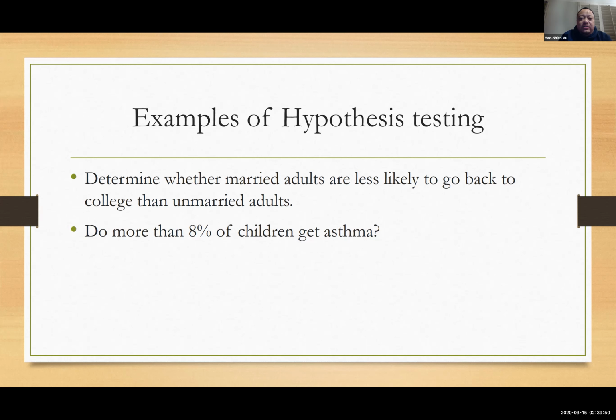Okay, the boss asks, do more than 8% of children get asthma, then you should say yes or no. Okay, so think about it like a grammatical analysis of this question. What kind of question is it, and what kind of answer does it call for? Yes or no answer, that makes it hypothesis testing. Okay, if the answer calls for a numerical value, then it's confidence interval. Okay, it doesn't matter whether the question contains a numerical value.